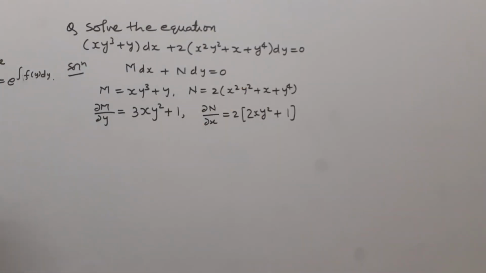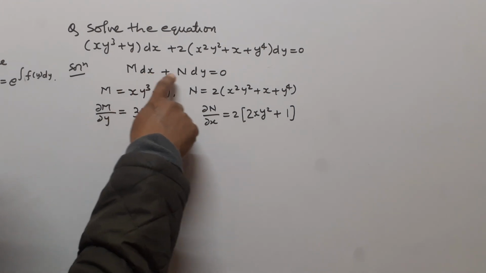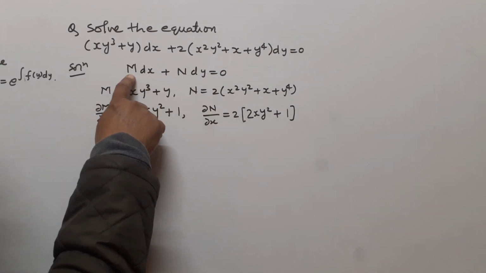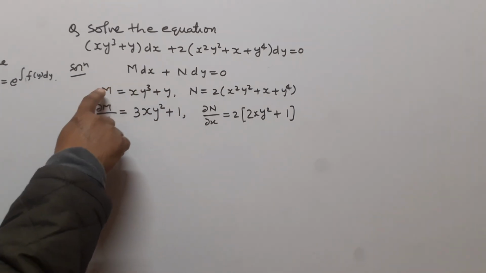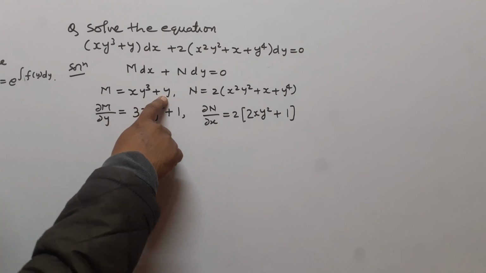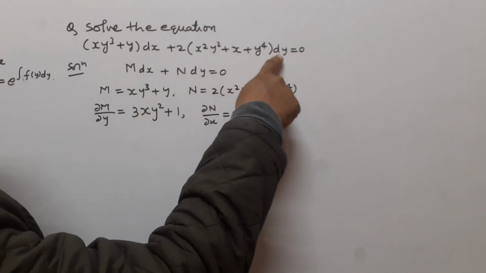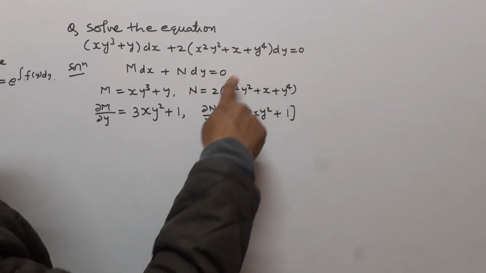So first we compare the given differential equation with M dx plus N dy equals 0. The coefficient of dx is M, so M is equal to xy³ plus y. Similarly, the coefficient of dy is N, which is 2x²y² plus x plus y⁴.